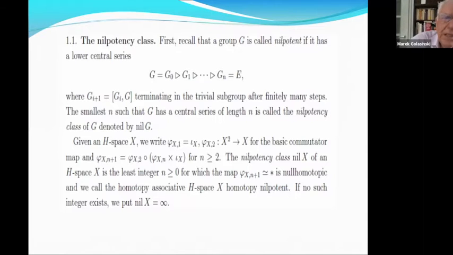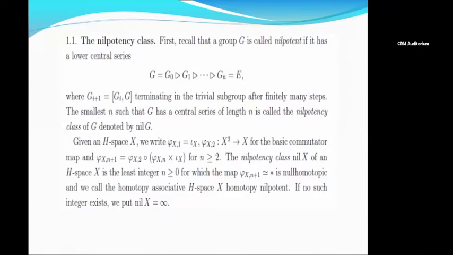We say that this group is nilpotent if this sequence terminates in the trivial subgroup after finitely many steps. The smallest n such that G has a central series of length n is called the nilpotency class of G, and is denoted in the literature by nil G. And this notion we can extend to H-spaces.